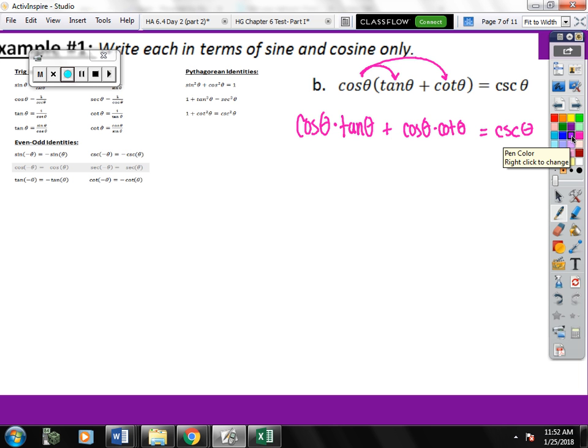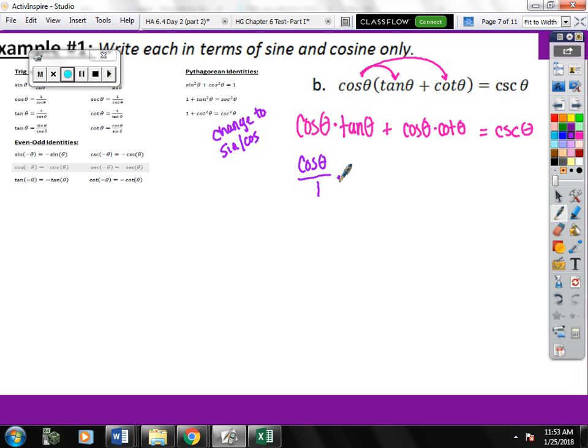All right, now, since we don't have any squared terms, we're not going to be using our Pythagorean identities, unfortunately, because those ones are usually the easier ones. So I suggest that we change all to sine and cosine. So anything that's not a sine and a cosine, change it, using your formula sheet, into sines and cosines. So the cosine, I would leave it as cosine, but I'd put it over a 1.